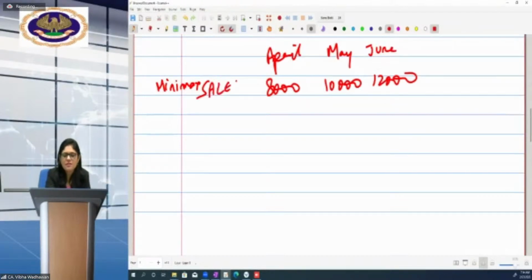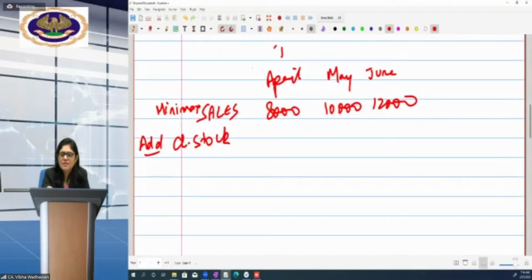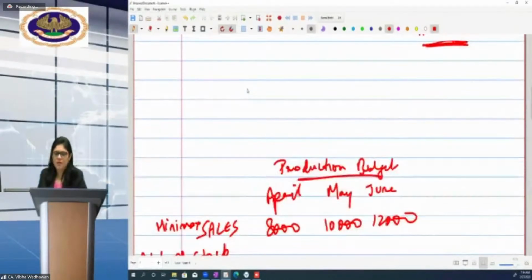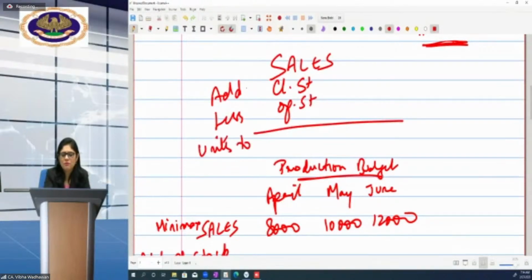We have got the sales first, because to make the production budget we should have the sales first, right? To the sales, we add the closing stock, and we need to find out how many units are to be produced. So this is basically a production budget: sales, add closing stock, less opening stock, and we get the units to be produced.